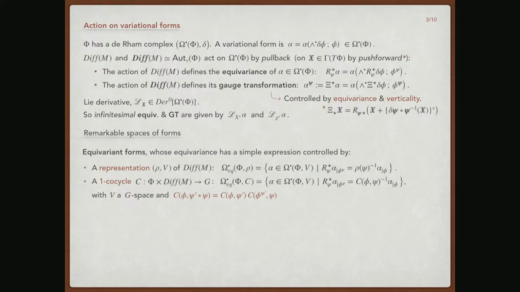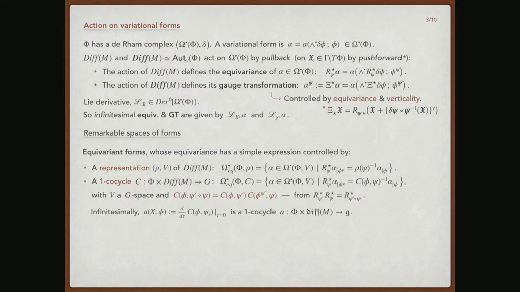And again, you see why it generalizes a representation: if you forget about the first slot here, C becomes just a group morphism of diffeo into G. And this rule enforces compatibility with the right action of the diffeo of the structure group on the field space.